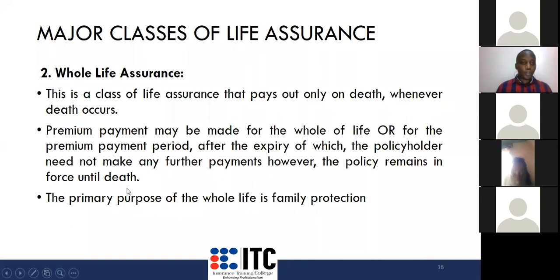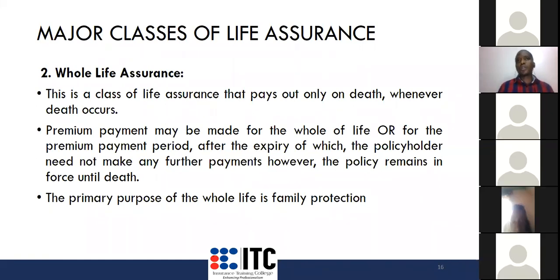Okay. So when we look at whole life, the primary purpose of whole life is family protection once more. It does have an element of saving. You're not alive at the end, but there will definitely be a payout. So you find this product is majorly used for inheritance sort of treatment, because so long as you die, whenever it happens, is when the policy will pay out.